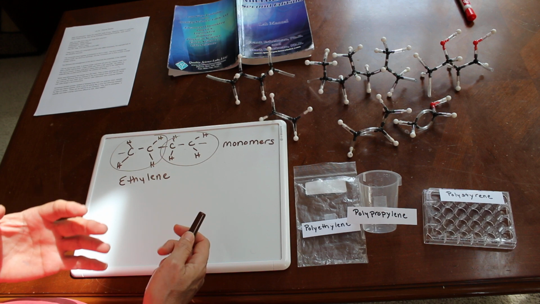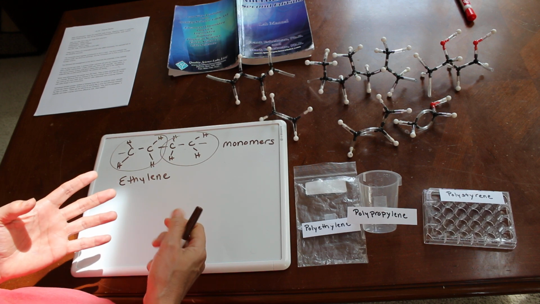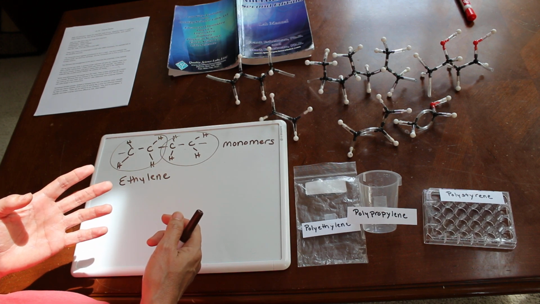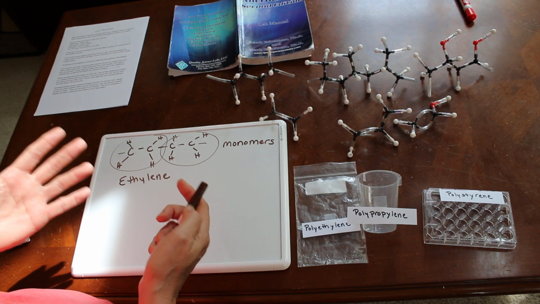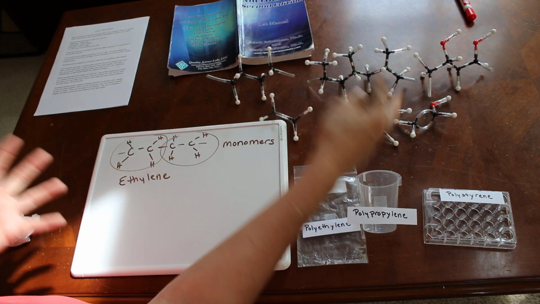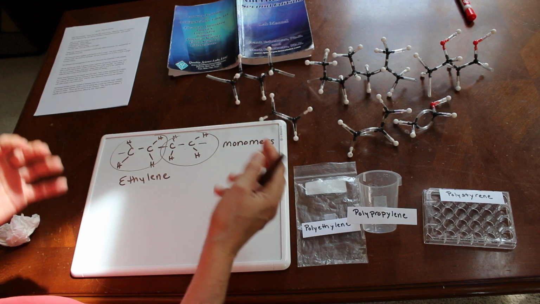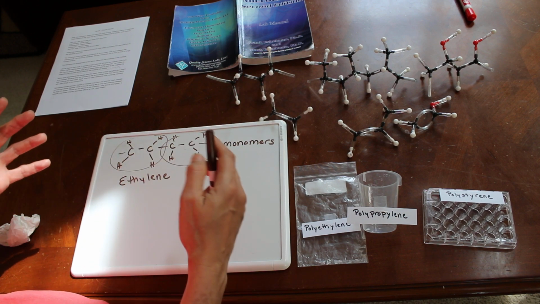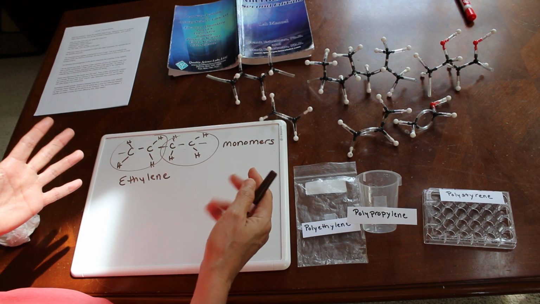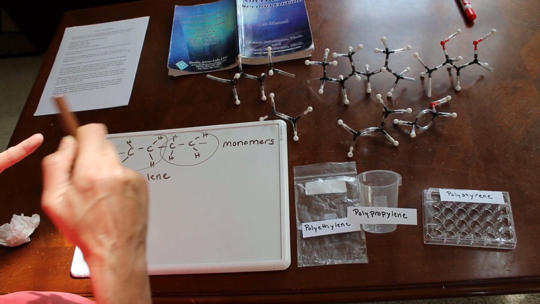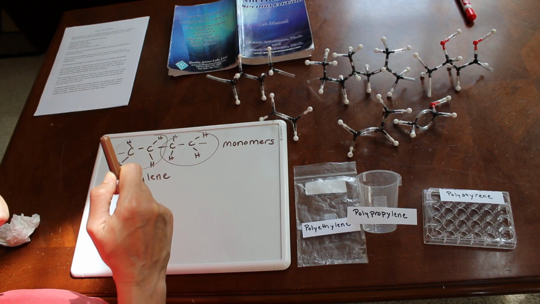And the reason being is these chains end up having a greater surface area the longer they are. And remember, they kind of tangle up and they start sticking together. And so that's why you get that higher melting point and the higher viscosity.